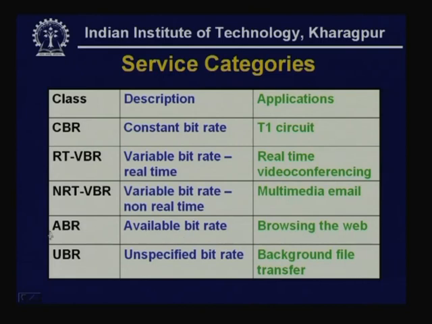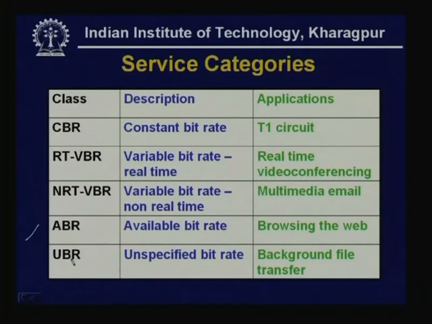Some minimum bit rate is specified, however, if a higher bit rate is available, that is used in applications like browsing the web. And then unspecified bit rate, UBR, where no specific bit rate is specified, whatever bit rate is available can be used for background file transfer and other purposes.